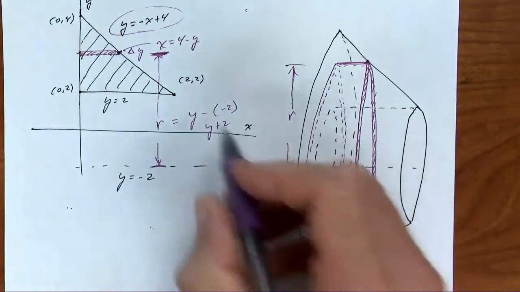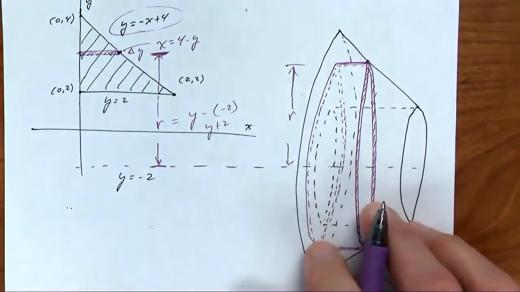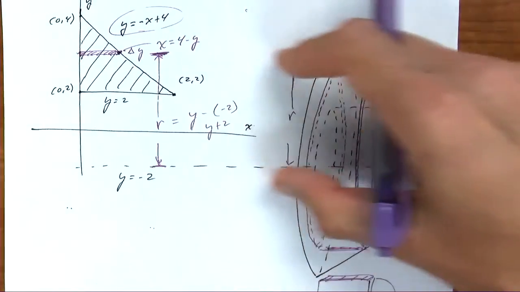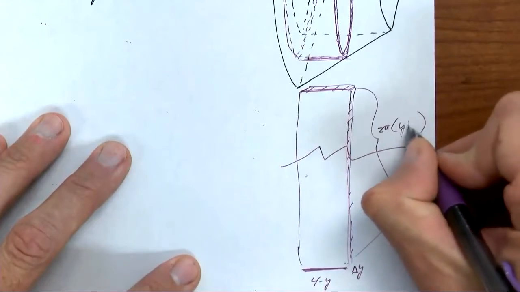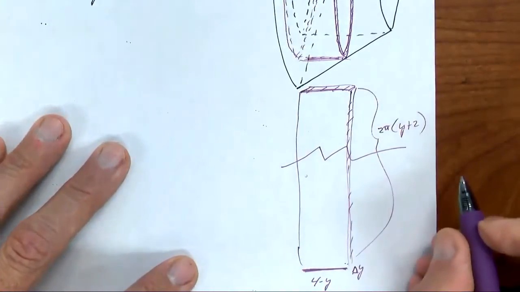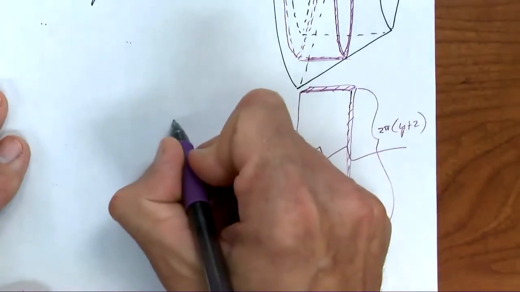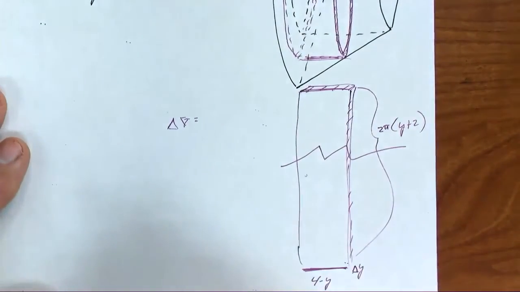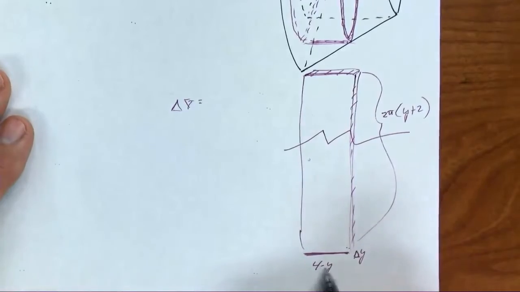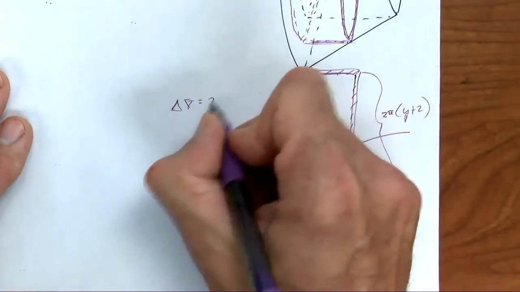So our radius is y plus 2. The volume then of just this one slice is going to be this times this times this.